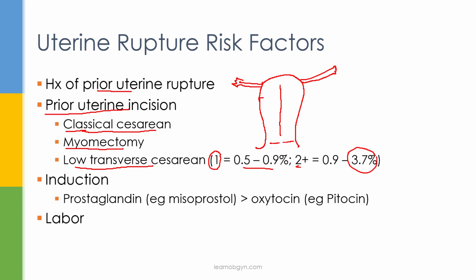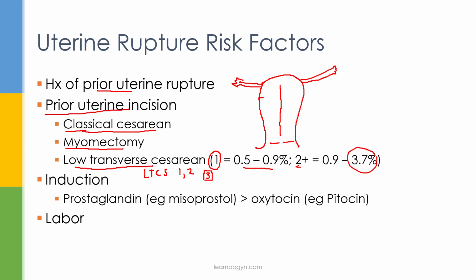Because of this elevated risk, patients who've had a low transverse cesarean section, which is abbreviated LTCS, can still labor vaginally, but only after discussion of the potential risks and benefits. If they've only had one, that's okay. If they've had two, it's still acceptable to labor, but most people will not allow anyone to labor with 3 or more C-sections.